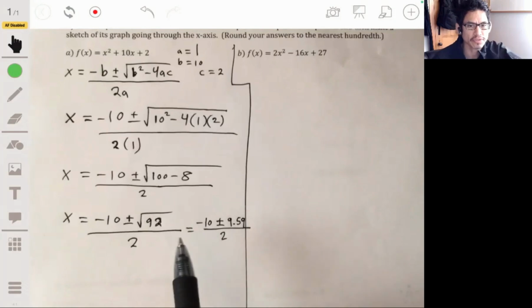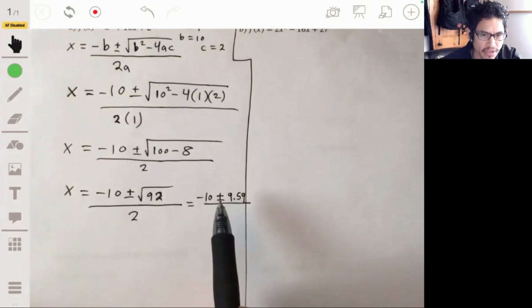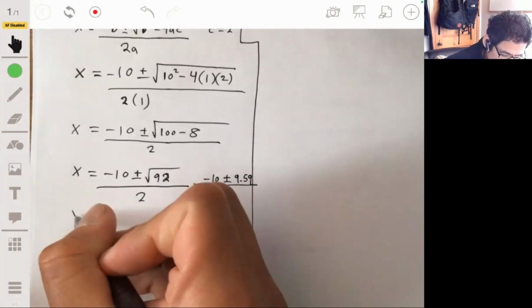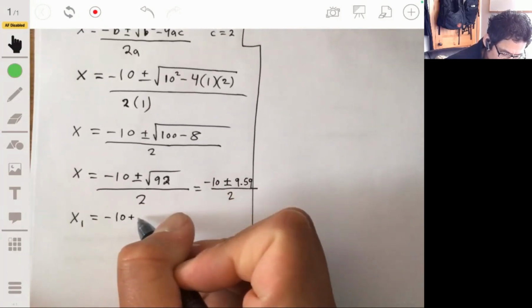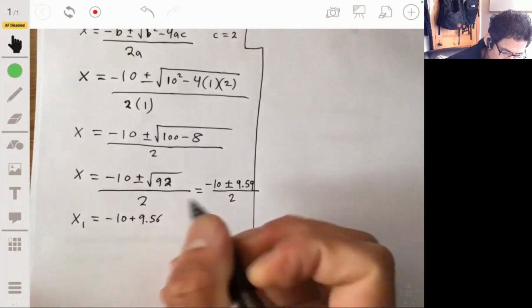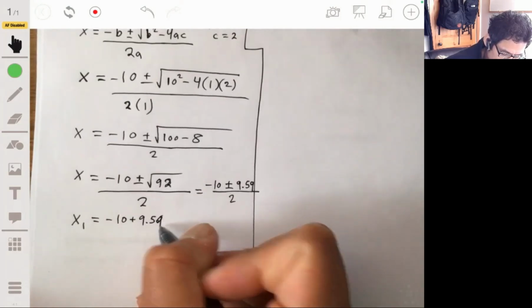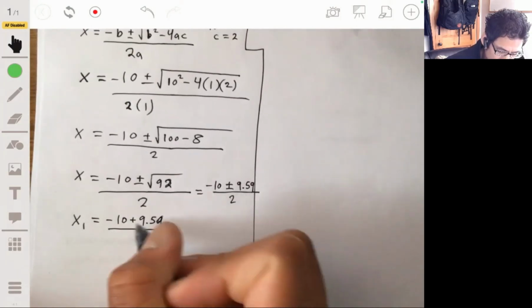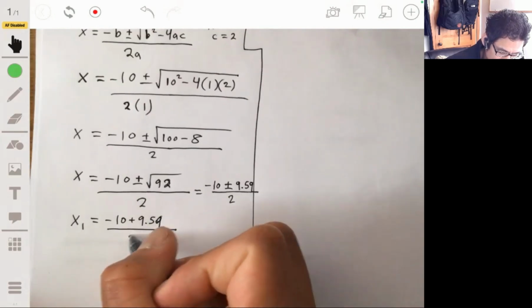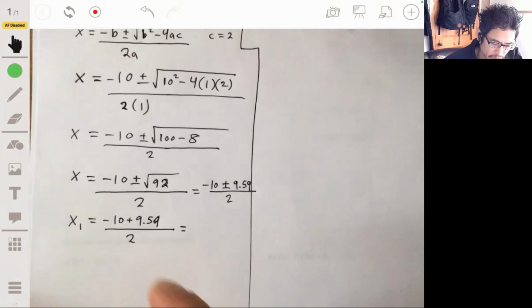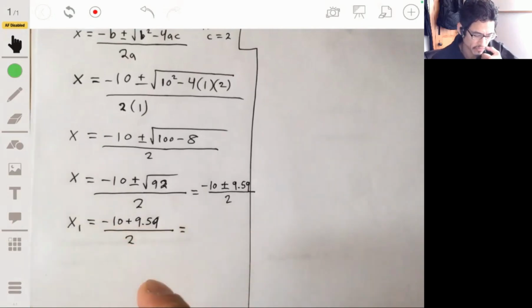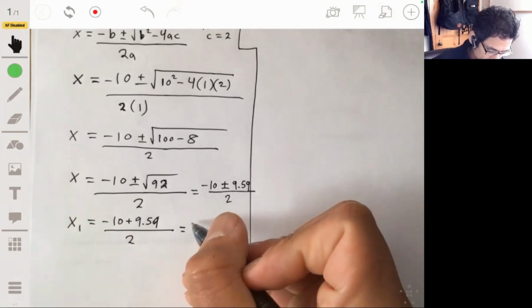So one of the roots will be when you add the 9.59, the other will be when you subtract. So let's set x1 equal to negative 10 plus 9.59. That's not a 9, that's a 6. Negative 10 plus 9.59 all over 2, which will be negative 0.41 over 2.